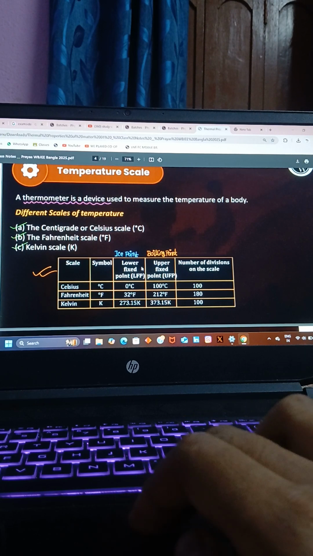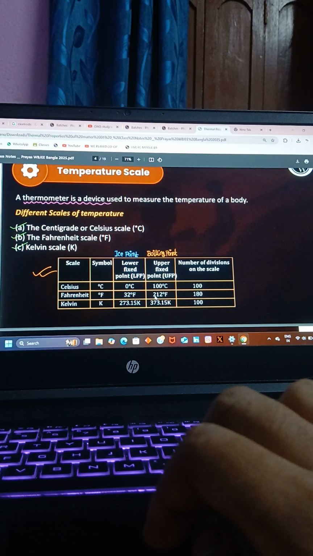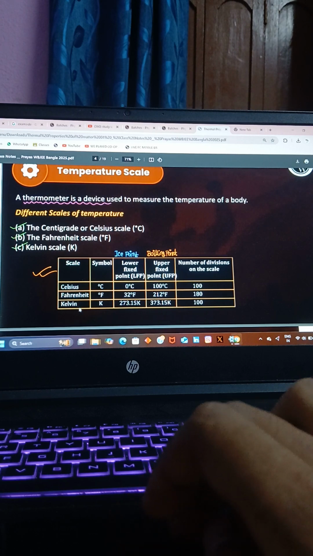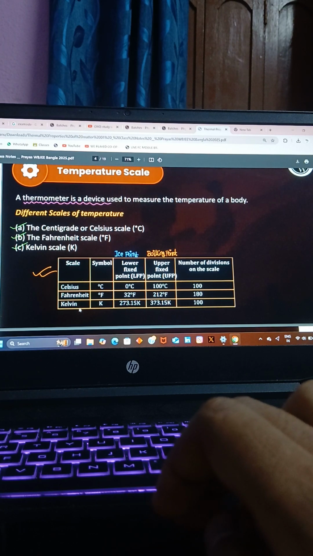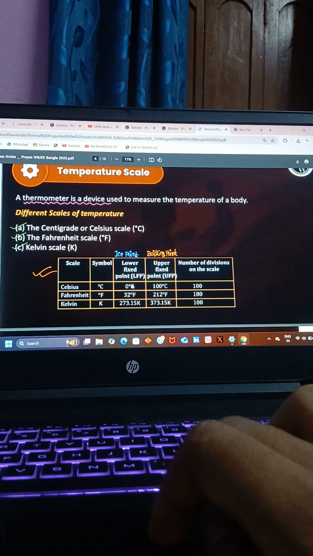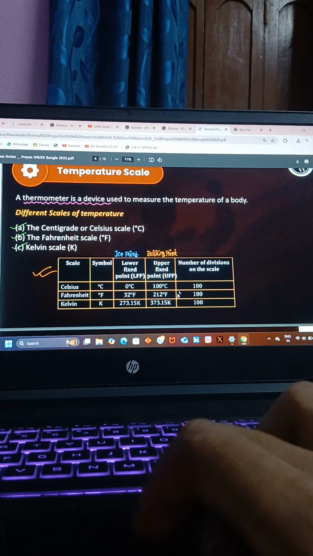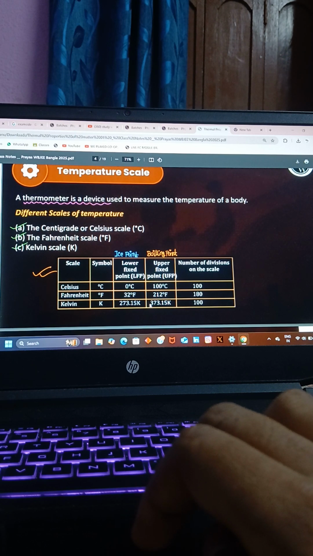In the Fahrenheit scale, the ice point is 32 degrees Fahrenheit and the boiling point of water is 212 degrees Fahrenheit. In the Kelvin scale, you all know that 273 Kelvin is the ice point and 373.15 Kelvin is the boiling point.